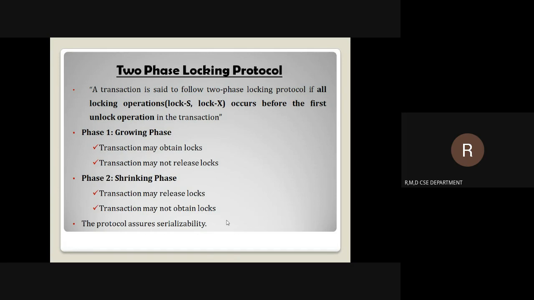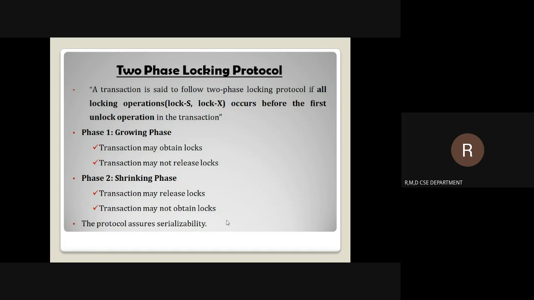One is the growing phase and the other is the shrinking phase. In the growing phase, the transaction keeps on obtaining the locks required for accessing the data items, and the transaction will not release any locks.